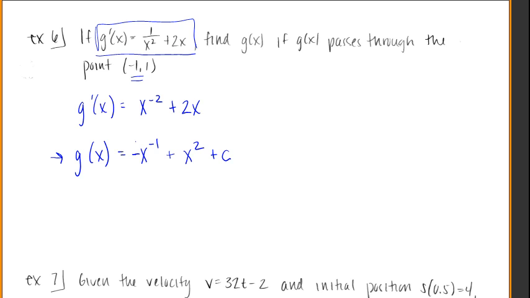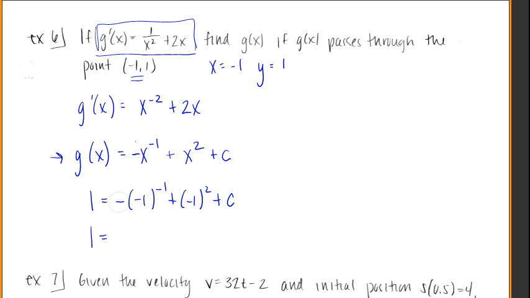We have a point where the x value is negative 1 and the y value is positive 1. So 1 is equal to negative 1 to the negative 1 power plus negative 1 squared, plus c. Now we can actually find c. 1 to any power is still 1, but since that power is negative, it keeps it negative 1.